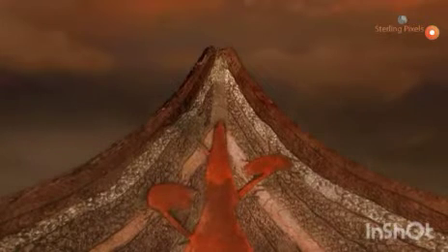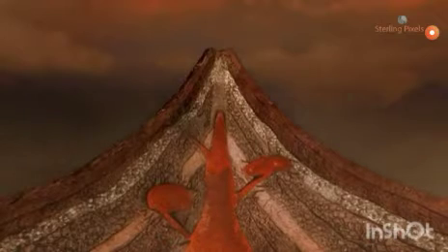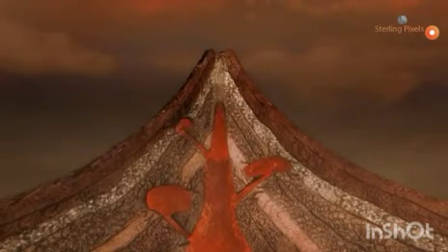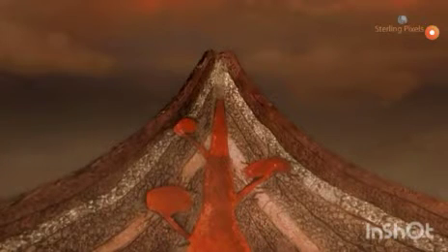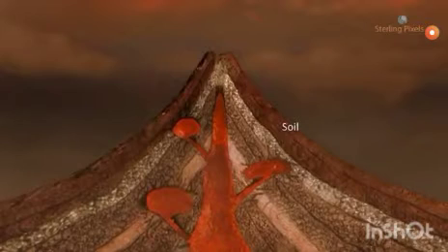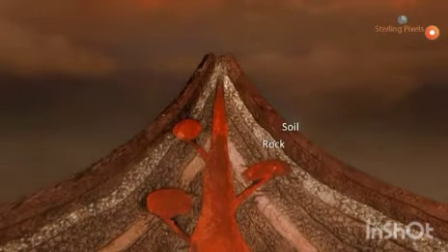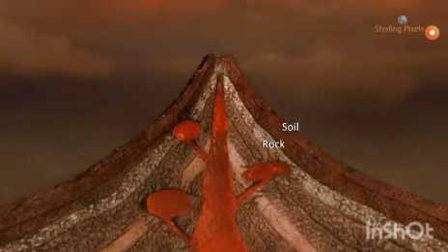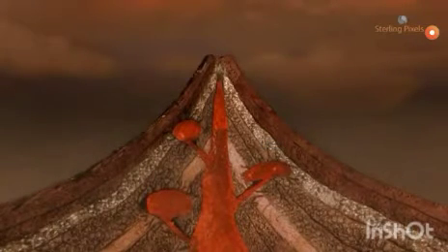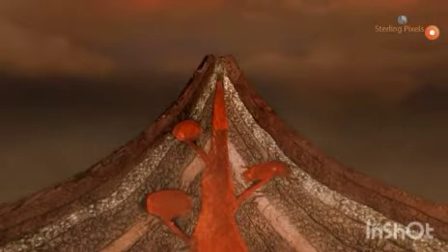Now, what goes on inside this volcano? When the volcano erupts, it causes the magma to rise above the ground, but what about the magma that is trapped inside? Some of the magma does not come out of the volcano, so the left over magma that is inside the mountain, due to the other rocks and the soil present above the mountain, stays there only.